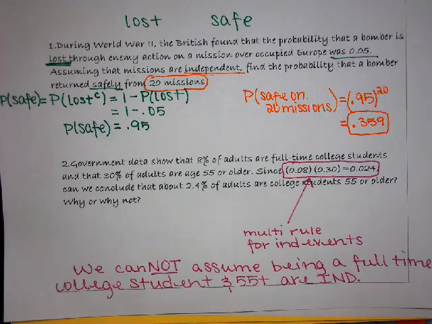But for now, either it'll tell you you can assume independence, or you'll have to prove that they're independent. And if it doesn't say assume or you can't prove it, then you can't take it that the two events are independent.